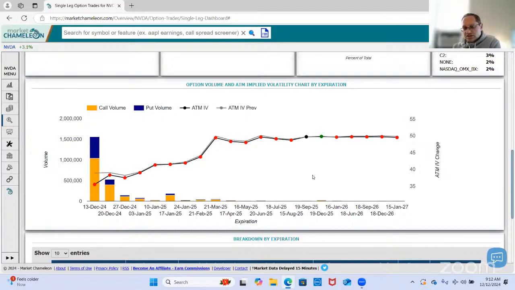So how do we see that in this graph? Well, because we have different expirations here, we have different implied volatilities to reference. Each expiration's at the money implied volatility could be different, right? So the implied volatility in December 13th could be lower than the implied volatility in January's.